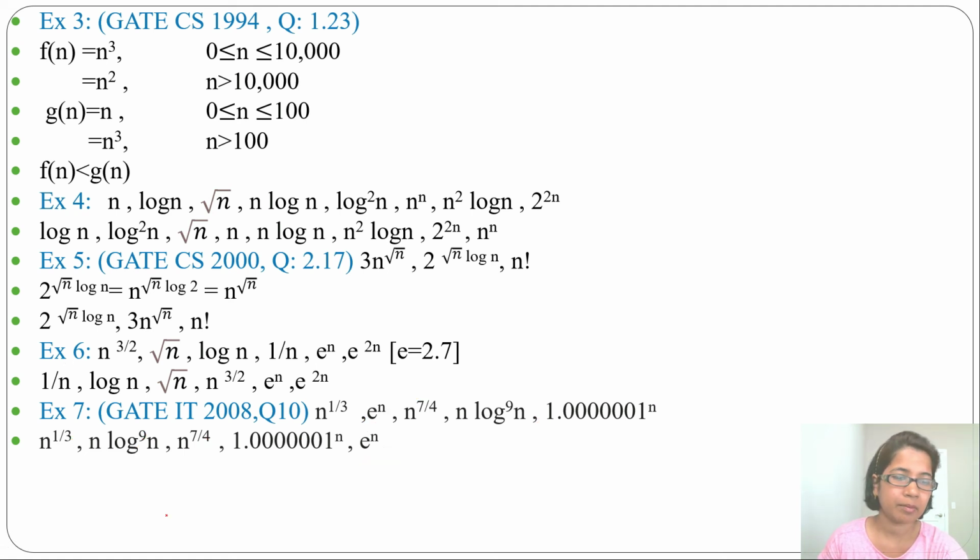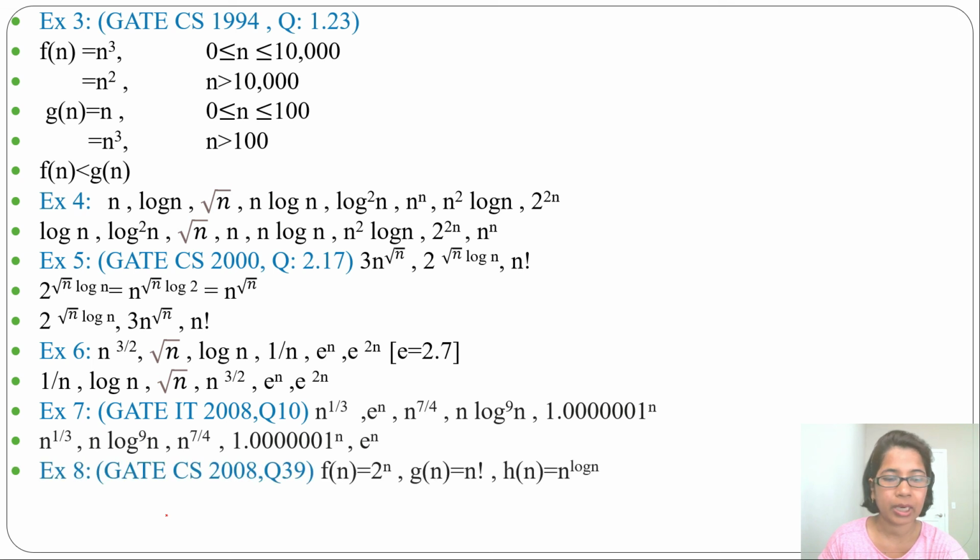Let's see another example. Example 8. It was asked in GATE CS 2008. Three functions are given: 2 power n, n factorial, and n power log n. Now we need to write them in increasing order. This is an exponential, this is a factorial, and this is a polynomial. N power something, that is polynomial.